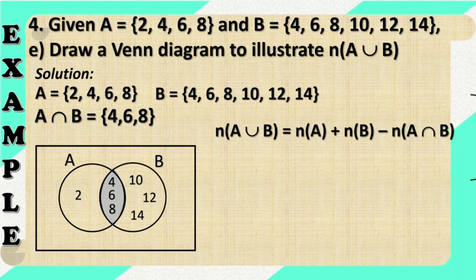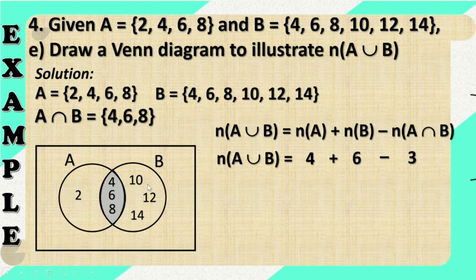Using the formula, the cardinality of A union B equals the cardinality of A plus the cardinality of B minus the cardinality of A intersection B. So, kung kukunin natin dito sa Venn diagram, kung ilan ang elements ng event A or set A, we have 4. So, 1, 2, 3, and 4. So, ilalagay natin dito, the cardinality of set A is 4.